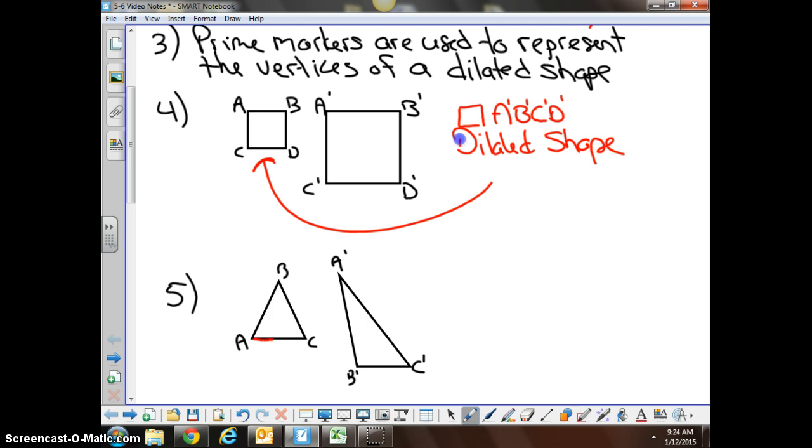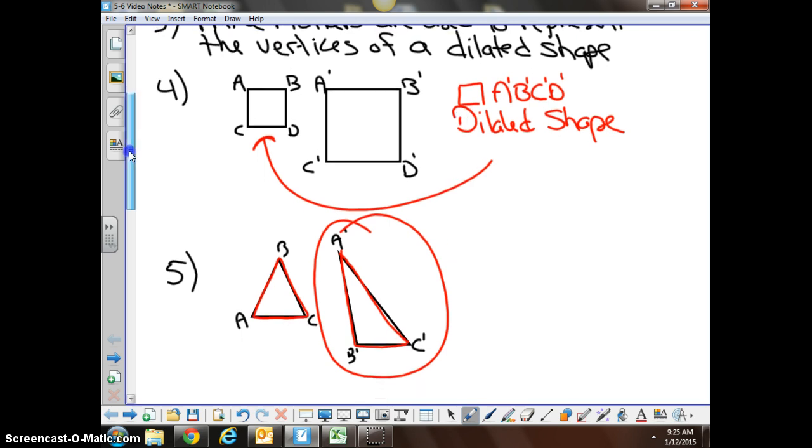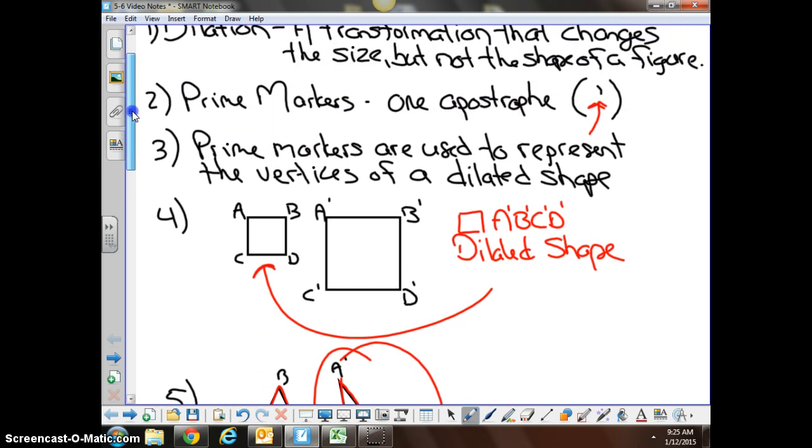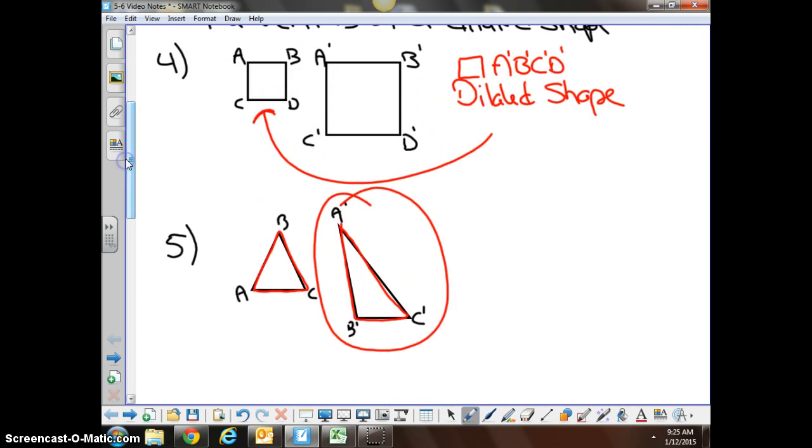The original triangle and triangle A prime, B prime, C prime are not the same shape. It is a changed shape, not a changed size. And remember, a dilation can only be a change in size, not a change in shape. So this one would be not a dilated shape.